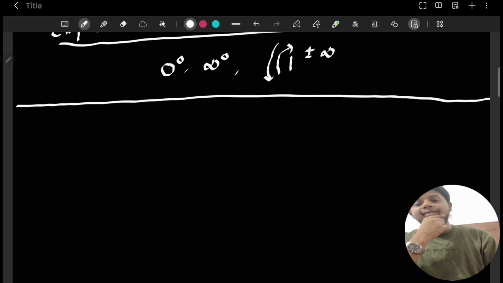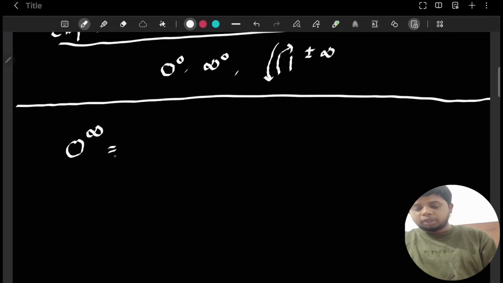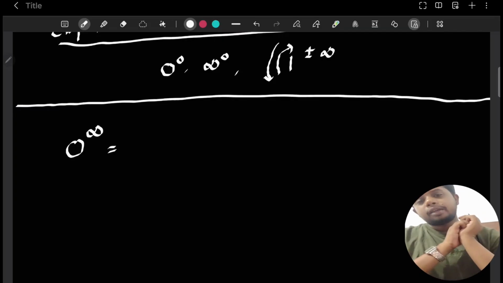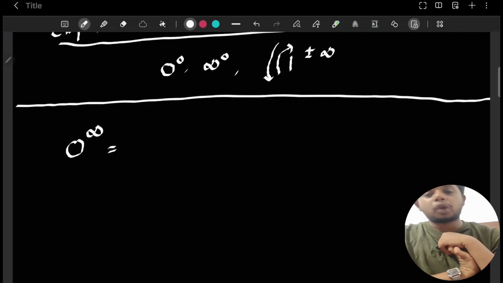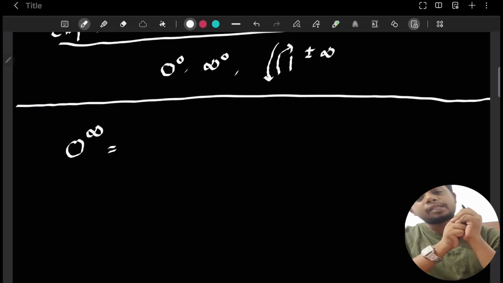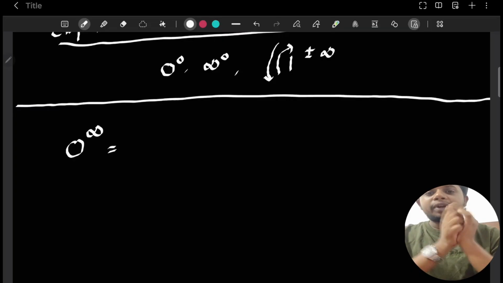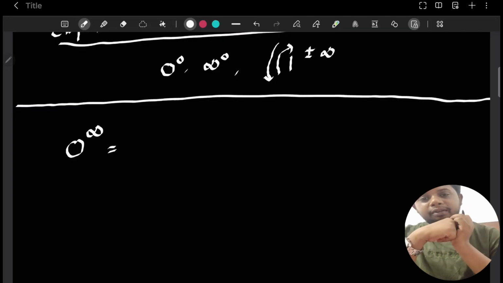Now tell me one thing. If I ask, let's say, 0 power infinity. So I have told you already, this 0 is nothing but not exactly 0. This can be 0 plus or 0 minus. So if I take something power 0, 0 plus from the right side or 0 from the left side, and if I take the exponent at infinity, what I'll get?